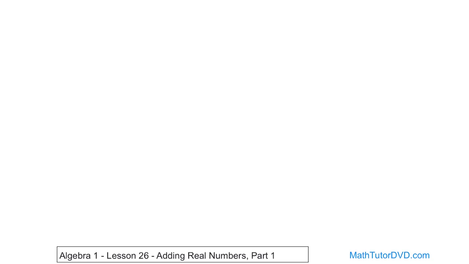So the bottom line is we want to consider two numbers because we're going to add two numbers together, and we'll call them A and B. Now A and B are real numbers, so they could be positive, negative, or zero. So what we're going to do is construct a little table here. We'll have the number A that we're going to add to the number B, and we have a couple of different cases we need to consider.